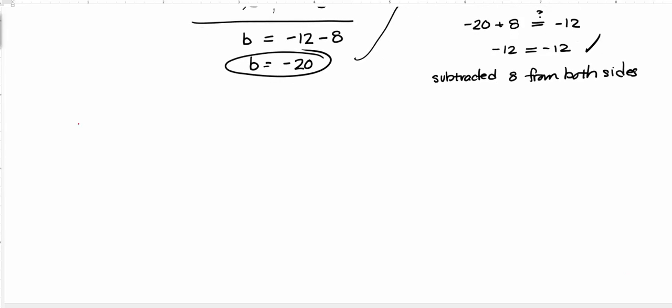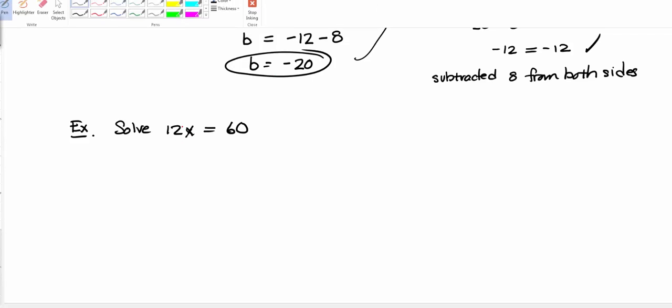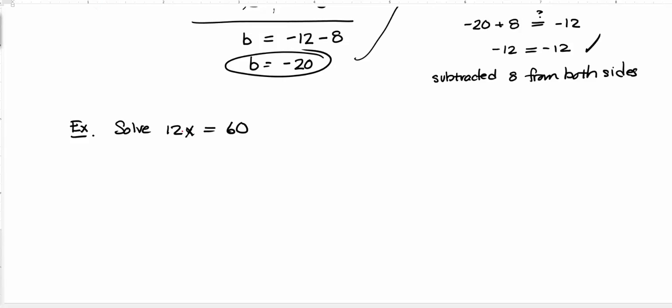All right, another example. In this case, I have 12x equals 60. Well, what's the operation that we see in between the 12 and the x? We know that's a multiplication. But we still want to get this x by itself. That's still my goal.